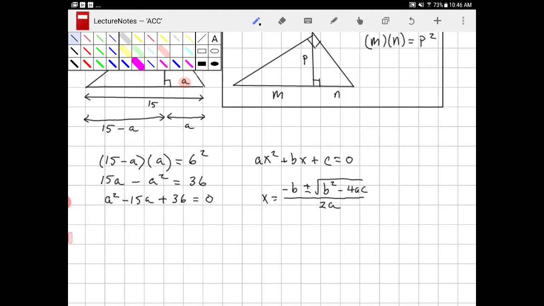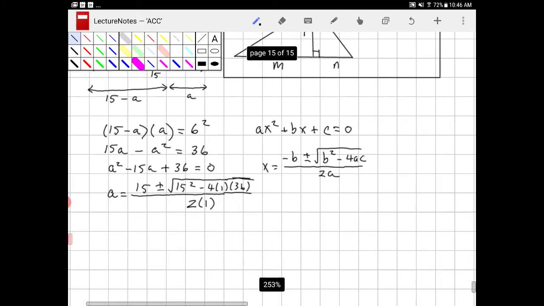Now I'm going to apply the quadratic formula with that quadratic right here. A will equal positive 15 plus or minus the square root of 15 squared minus 4 times a, which is 1, times c, which is 36, all over 2 times 1.